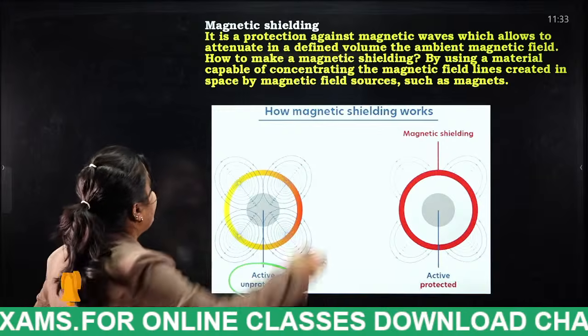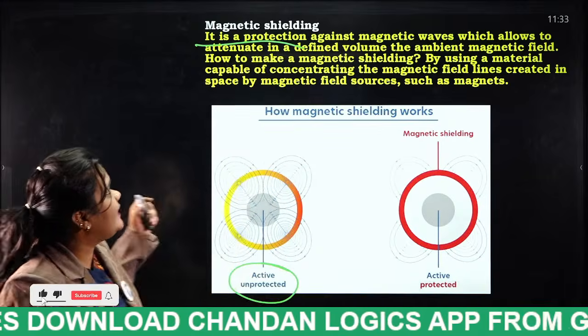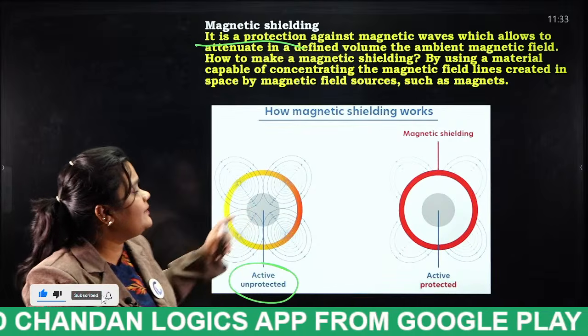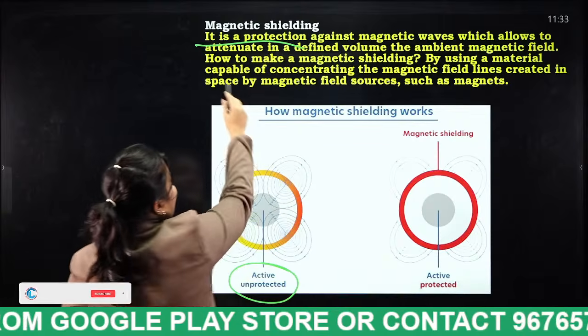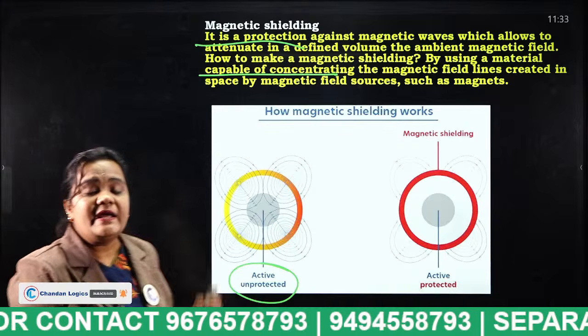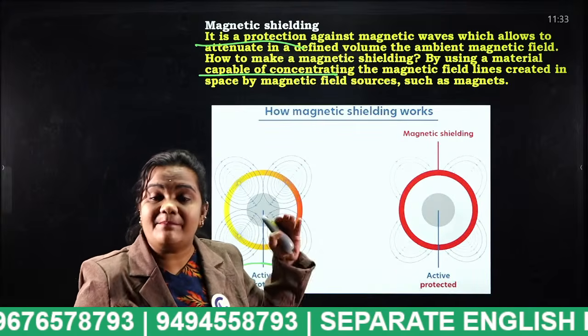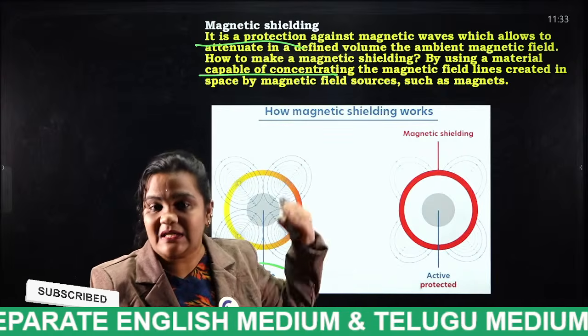It is a protection against magnetic waves which allows to attenuate, in a defined volume, the ambient magnetic field. How to do it? By using a material capable of concentrating the magnetic field. Did you understand what I said? The material which has magnetic properties is the one we have to use for magnetic shielding.